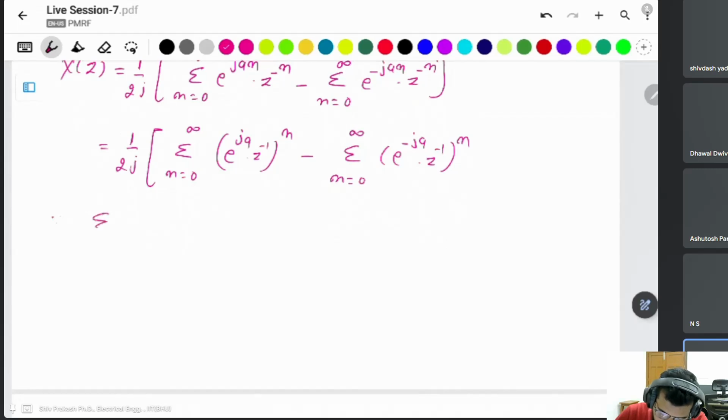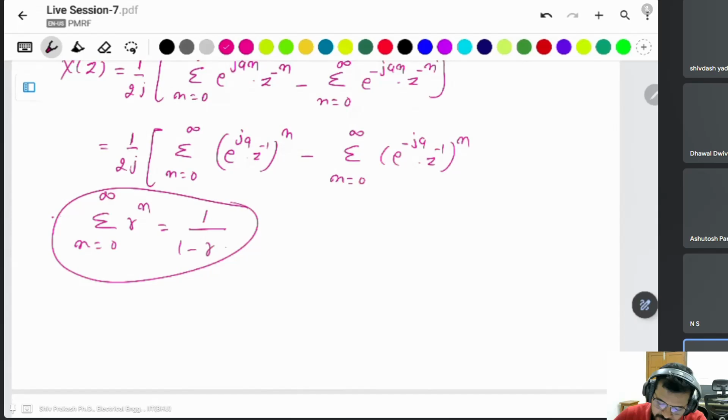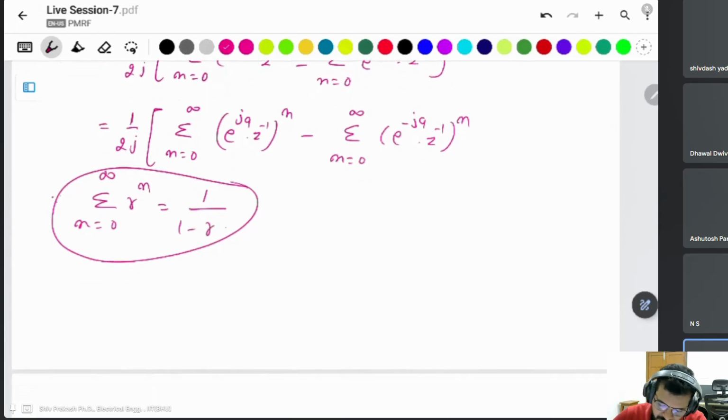Summation from n equals 0 to infinity of r to the power of n, for any value r, is 1 divided by 1 minus r. Okay, same formula we can use; this is the geometric series summation.